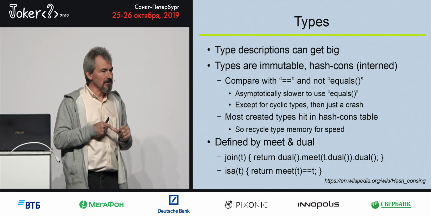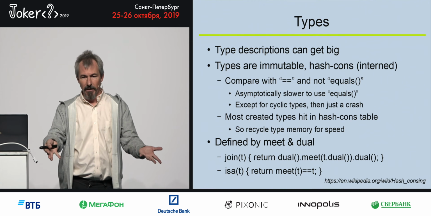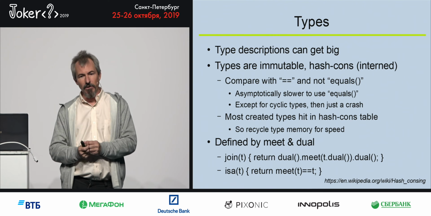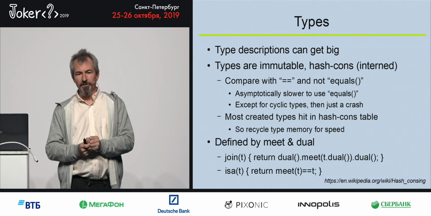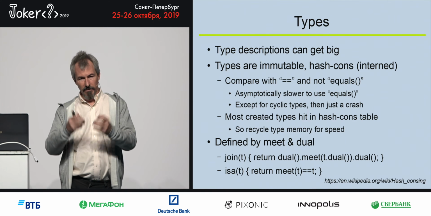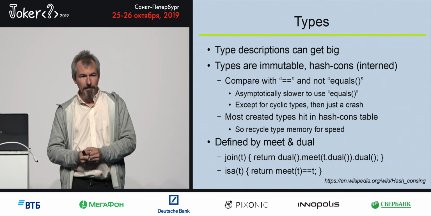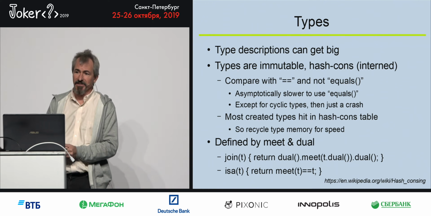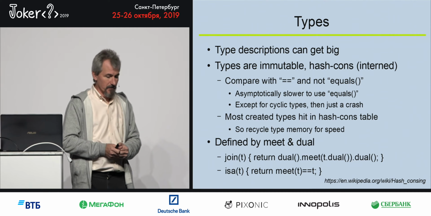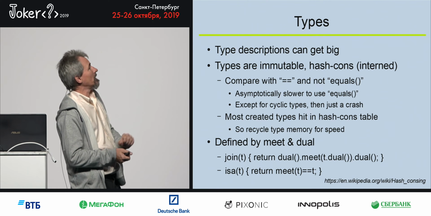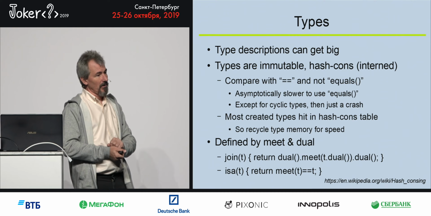It's asymptotically slower typically, because you have to do a structural breakdown of the complicated types to do a comparison with .equals, until you're recursive, and then you're infinite in the structural check. So you must use == after interning. But then it's one clock cycle on an x86. It's super fast. The other thing going on here is, of course, most types hit in the hash cons table.